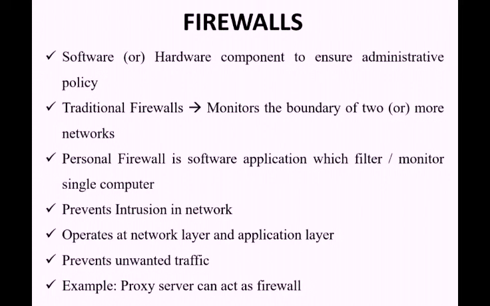The application layer firewalls operate at the application level of the TCP/IP protocol. The firewalls can prevent all unwanted traffic from reaching protected machines. We can say a proxy server can act as a firewall in most institutions and IT companies.